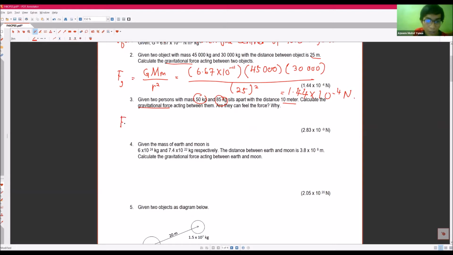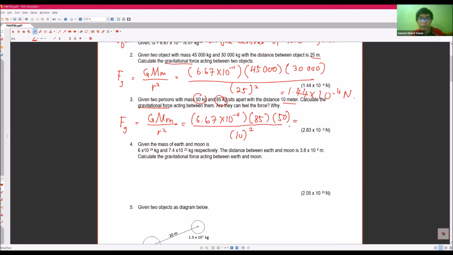Okay, so Fg equals G big M small m over r squared, 6.67 times 10 to the negative 11, 85, 50 over 10 squared. So let's see if they can feel the force.